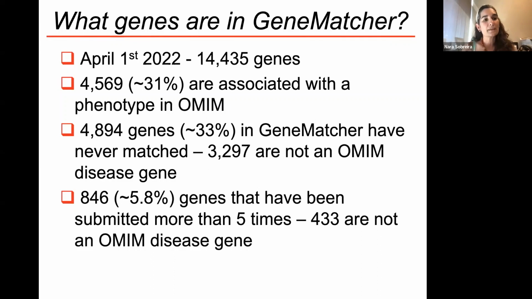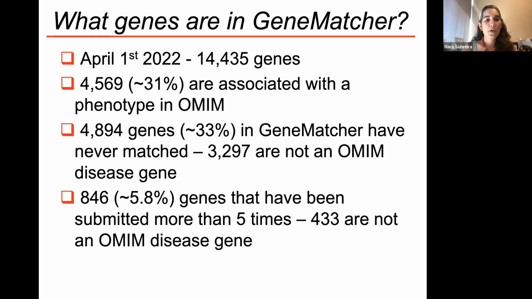But the reality is that there are many other genes that while they have a phenotype, you find a variant in your patient and the phenotype is not the same that is already known to be associated with that gene, but you still want to know if maybe this is a different phenotype associated with that gene. So I think many people use GeneMatcher trying to find out if maybe the variant in that gene is causing a different phenotype than what's already known.